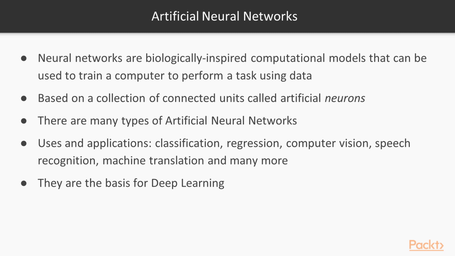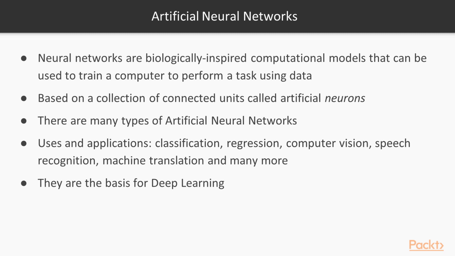Maybe you have heard about these models that have become really popular in recent years, artificial neural networks. These are biologically inspired computational models that can be used to train a computer to perform a task using data. As you can see, these models are part of the broad category of machine learning models.